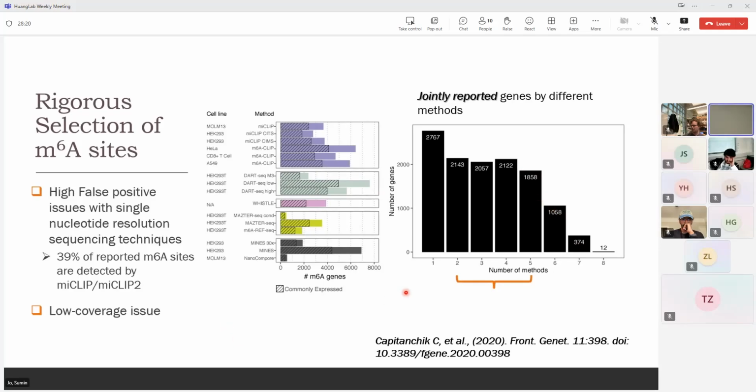So what we can see here is, if we rely on just one single base technology, we may end up with very high false positivity that cannot be detected by any other technologies at all.